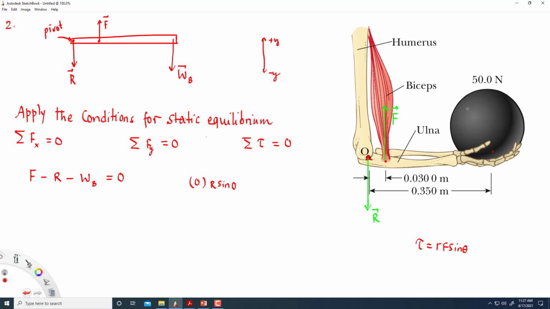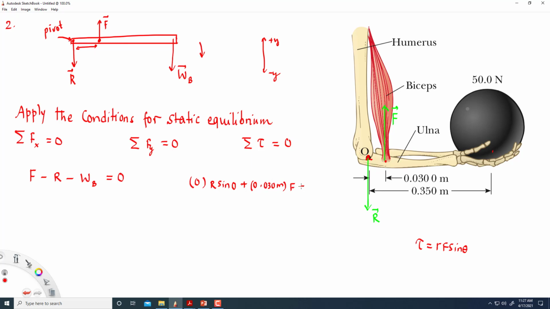And then for this force F, if this is the pivot, then this force tends to rotate the arm counterclockwise. So plus the distance between the pivot and this force, which is 0.030 meter, and the force is F. And then this weight is pointing down, so it tends to produce clockwise rotation if this is the pivot.